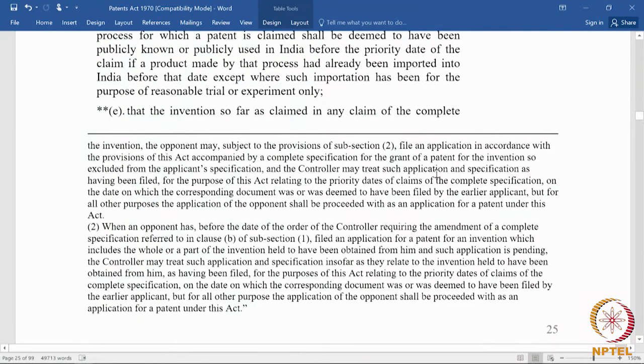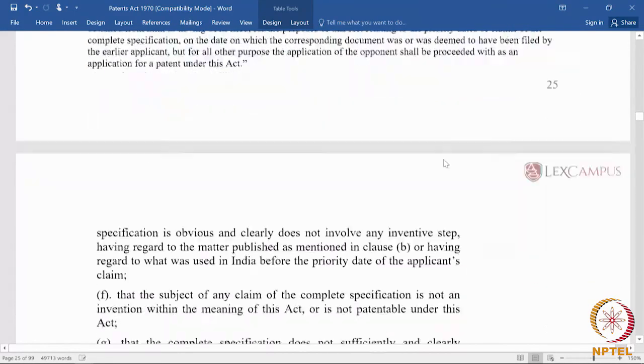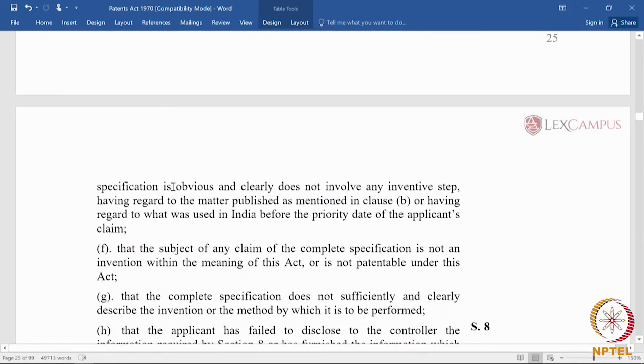Now we come to E, that the invention so far as claimed in any claim of a complete specification is obvious or clearly does not involve an inventive step, having regard to the matter published as mentioned in B, or having regard to what was used in India before the priority date of the applicant's claim.